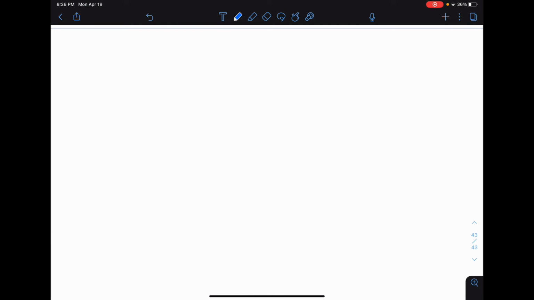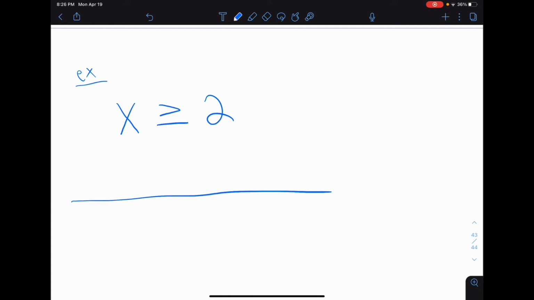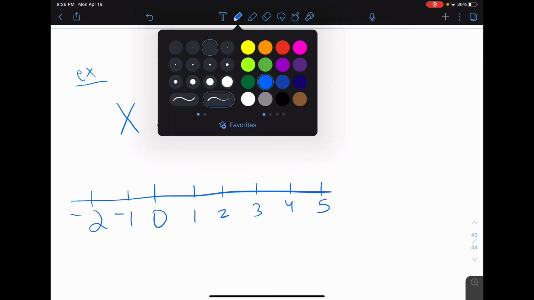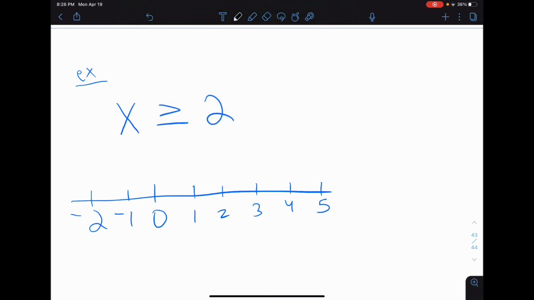Now, I have this example. X is greater than or equal to 2. I do a number line. Where do I start? ¿A dónde comienzo? What is my number? 2.